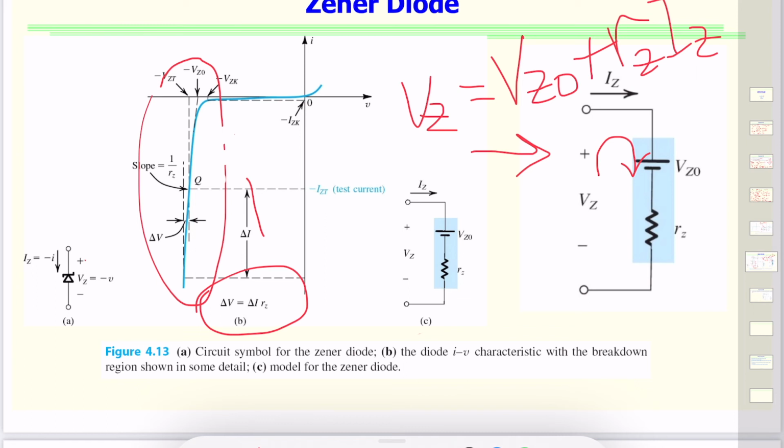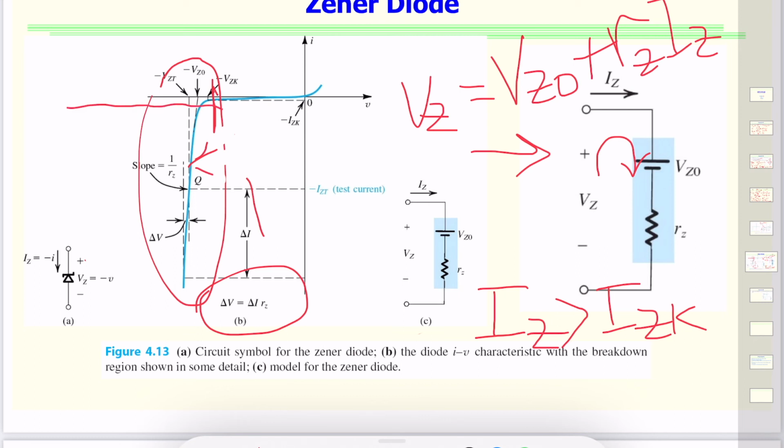And here we have another observation that IZ is greater than IZK. So when we are given the knee Zener current, we'll see that it's way smaller than the current at any other point for the Zener diode.